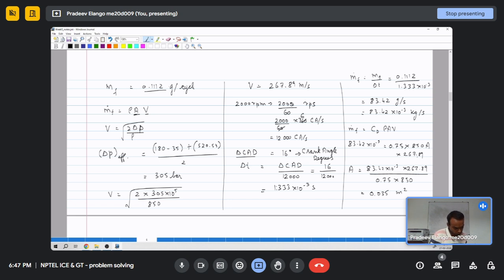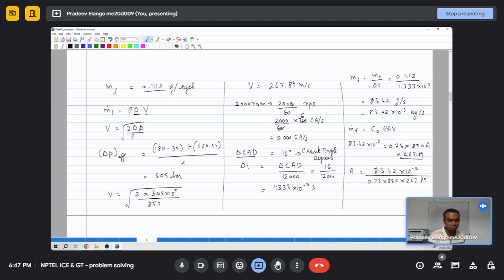Oh, sorry, I think here area is equal to 83.42 into 10 power minus 3, and all other numbers should be in the denominator, right? All, or with the A. 0.75, 2367.